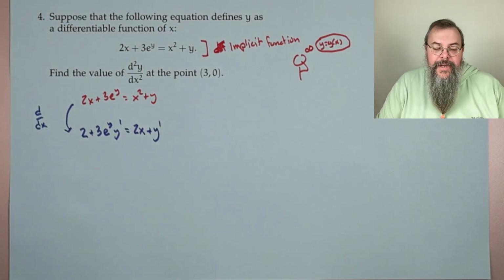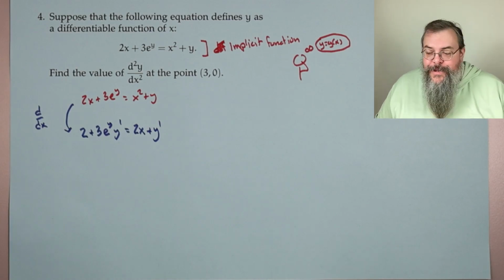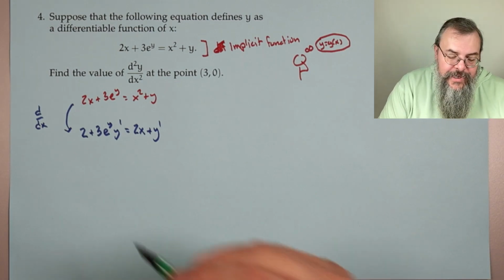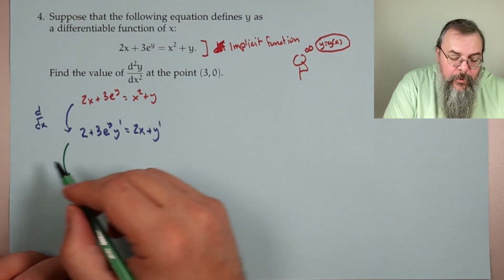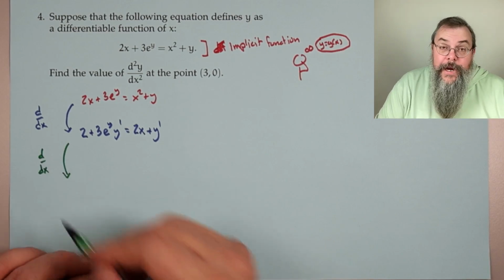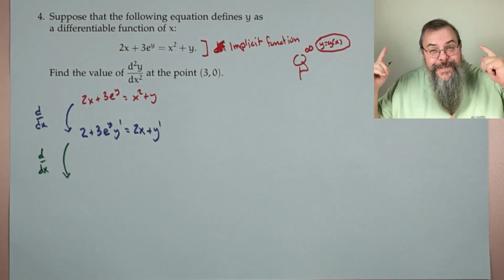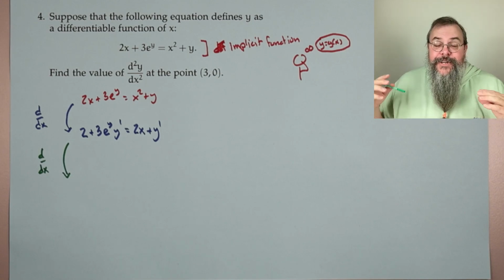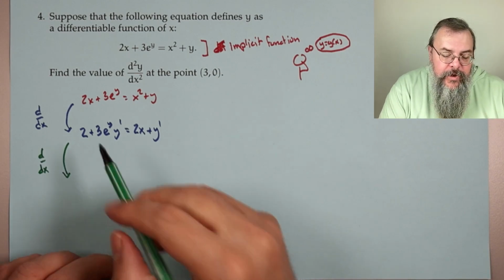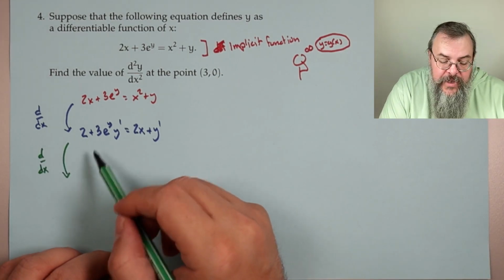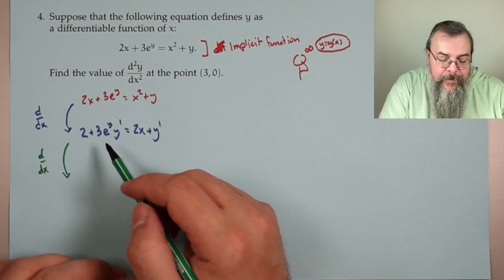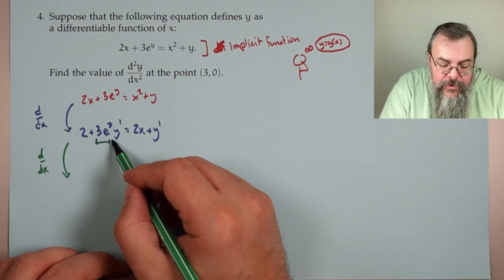Okay, great. Now, but what do we want? We want the second derivative. All right, no worries. So let's do another derivative. What? A second one right away? Yeah, let's do this. All right. So again, take the derivative with respect to x. We're going to have derivative of 2, 0. Here, product rule. So let's unwrap this slowly. We have two pieces.